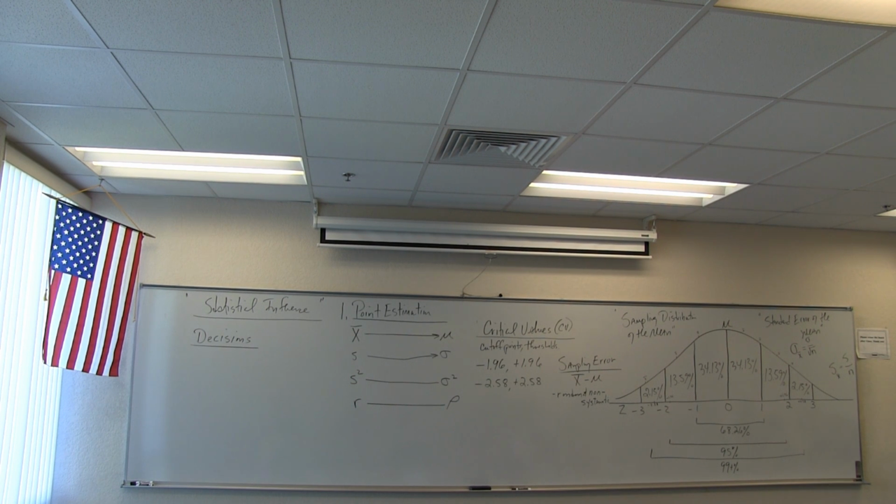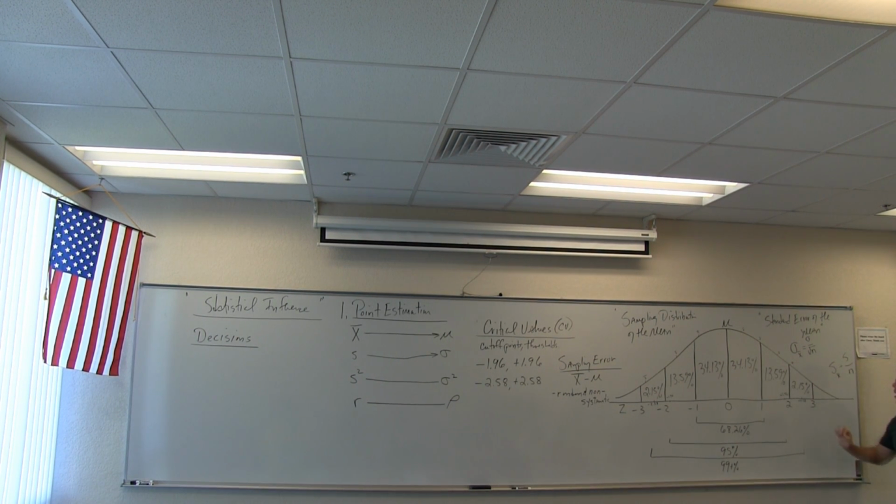So again, remember, for now, memorize. 95% area falls from here to here. Therefore, 2.5% area falls from here back, 2.5% area falls from here back. It all totals to 100%. Around 99% area falls between the 2.58s.